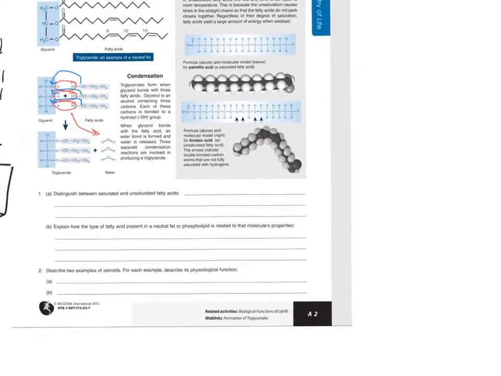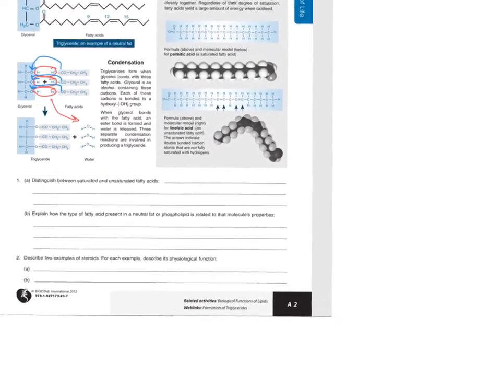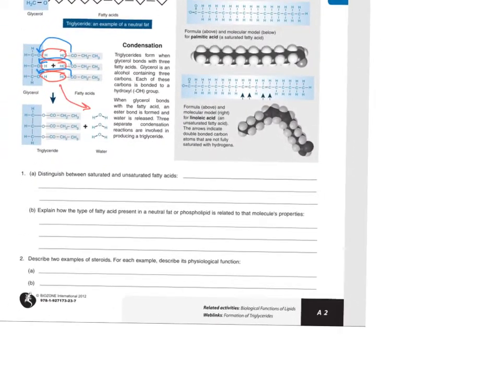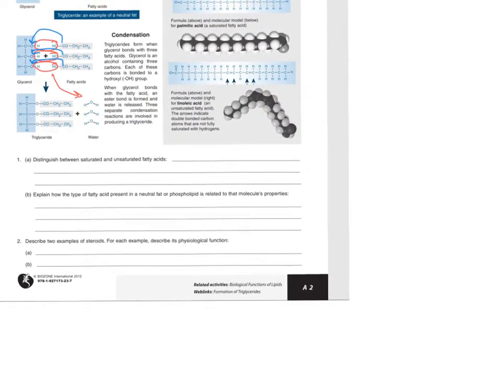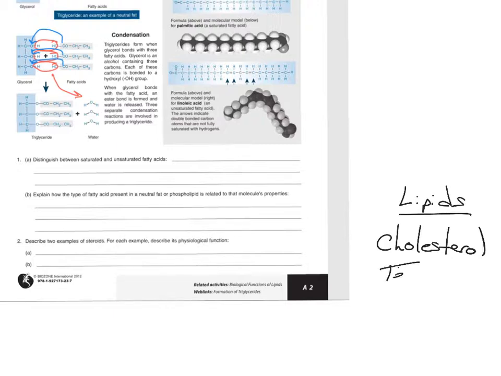All right, so there are some steroids. Steroids are also lipids, and we've talked about those. There's a steroid that's known as cholesterol. You've heard of cholesterol? These are all lipids. You've heard of testosterone? You've heard of estrogen?